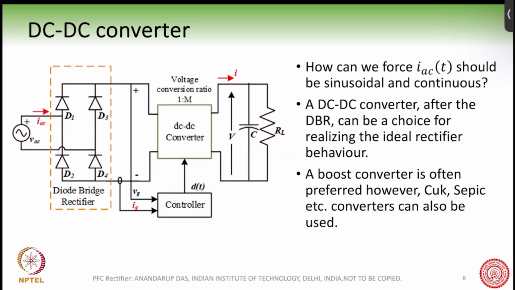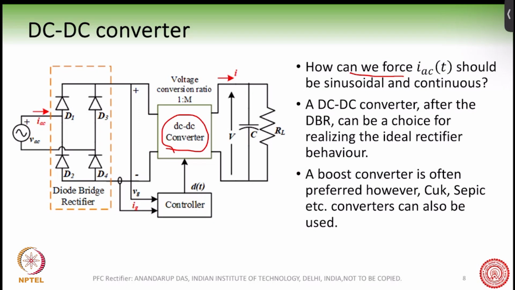Now, the question is how can we force IAC to be sinusoidal and continuous? One technique which is very useful in this case, and that is what we are going to discuss here, is to use a DC-DC converter after the DBR.